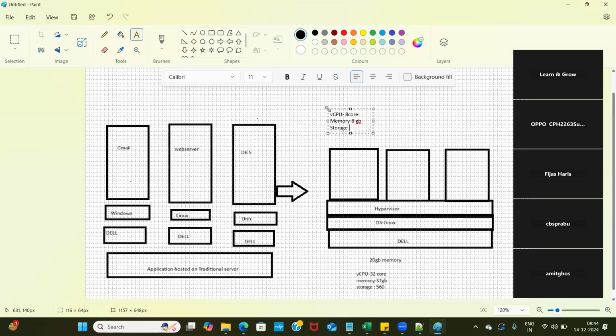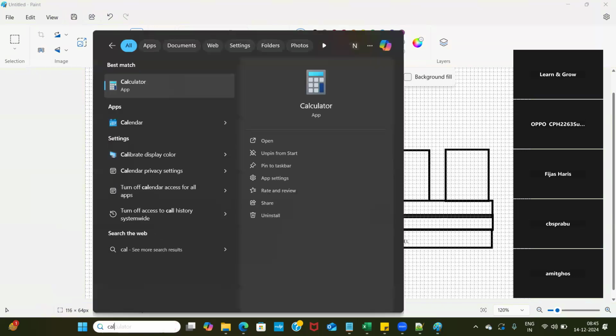Suppose we have to make it in 3 parts. We have to make this memory in 3 parts. So what is coming for each part? 560. Let me calculate.